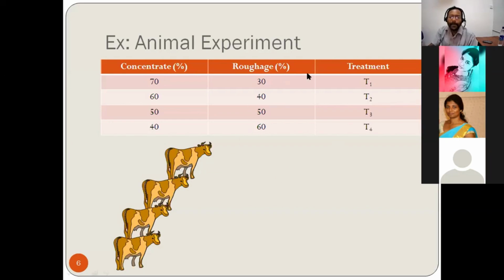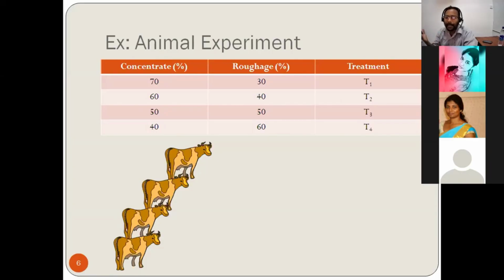Now, let's say we are getting these 4 cows. If I select all 4 cows from different breeds, what do you think? My objective is to evaluate the milk yield, whether the milk yield is higher in treatment 1 or treatment 2 or treatment 3 or treatment 4.